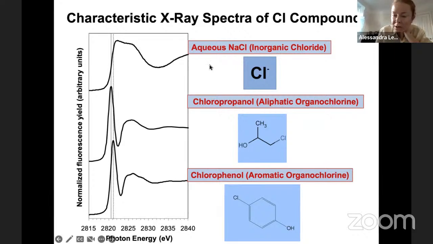And what I'm showing you here are just standards. We have aqueous sodium chloride, which would be like a saline solution. And I have two organochlorine standards where chlorine is connected to carbon. In this spectrum here, chlorine is connected to aliphatic carbon in chloropropanol, this carbon-chlorine bond here.